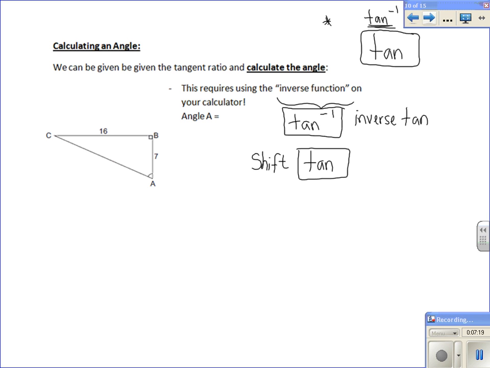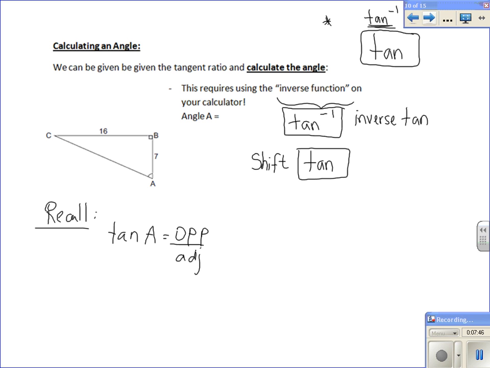So we're going to calculate the inverse, and let's recall that the tangent of A, or the tangent of any angle, is equal to the opposite, okay, over the adjacent.